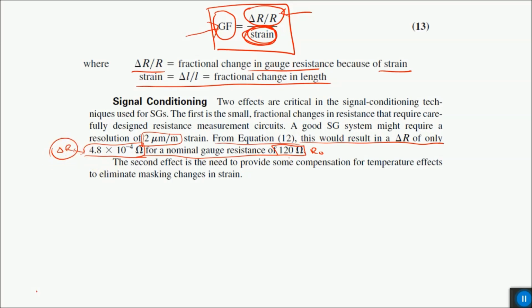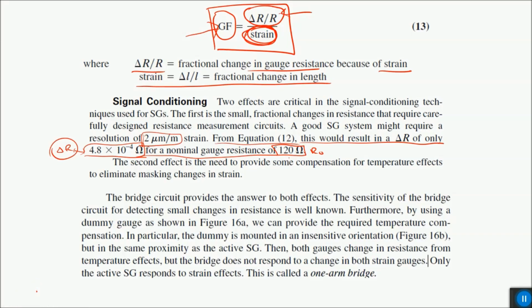And the second effect that has to be considered is compensation for temperature effects, because strain gauges are effectively pieces of metal, and their resistances are prone to changes because of the changes in temperature. So even a 1 degree centigrade change in temperature will result in a change in resistivity of a metallic strain gauge. We can see how much it can affect if we consider the linear interpolation of RTDs, in which we discuss the effect of change of temperature on the change in resistance.